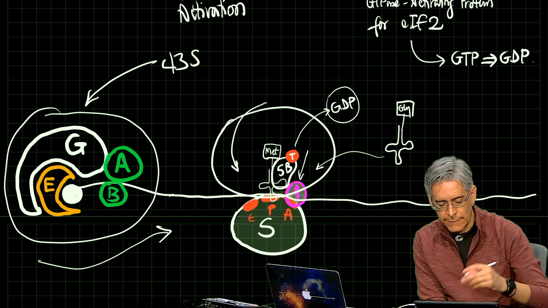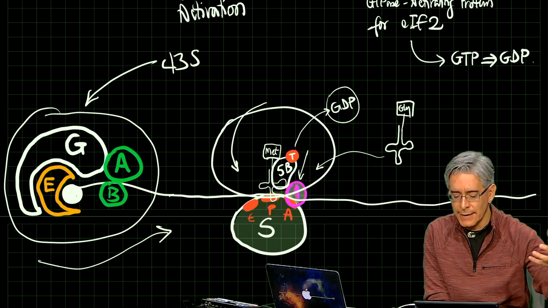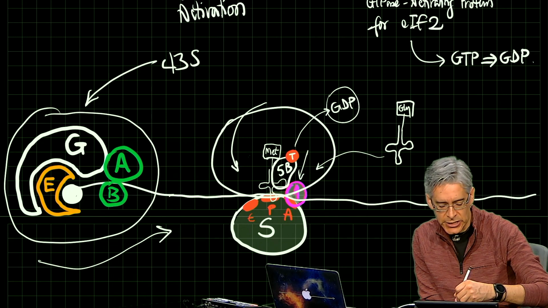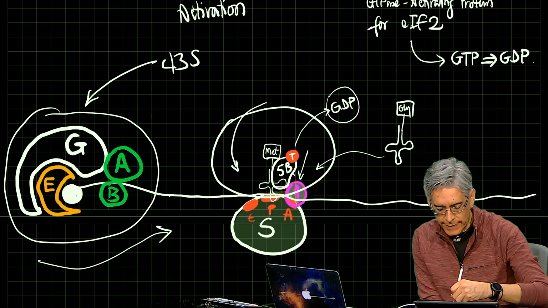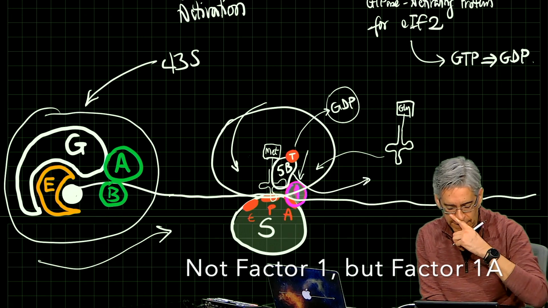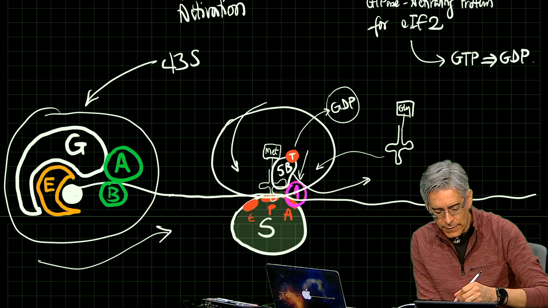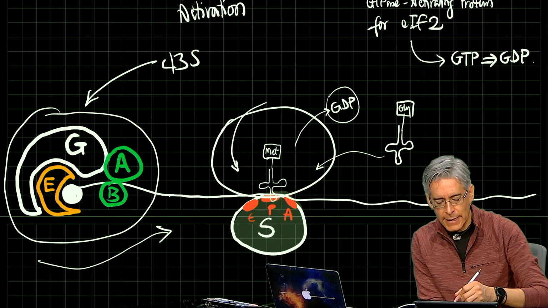And again, 5b is another GTPase, which means the moment that it hydrolyzes GTP, it changes its shape. And at that point, the change in shape of factor 5b will dissociate factor 1. So it'll push away factor 1, therefore rendering now the ribosome fully ready for elongation.